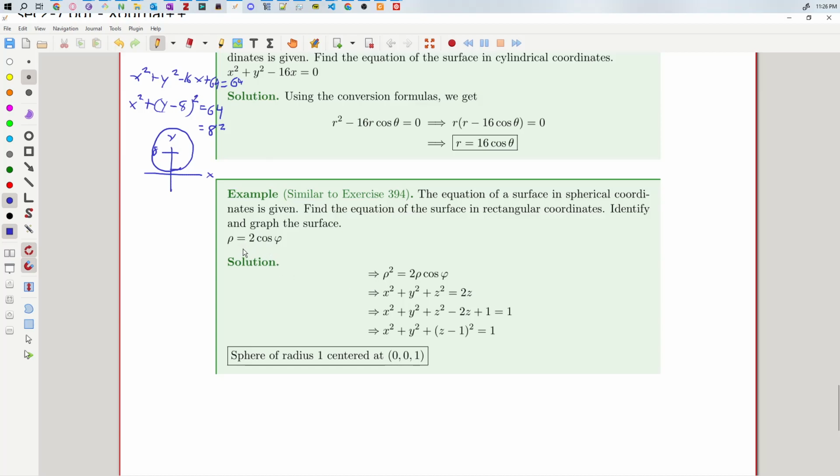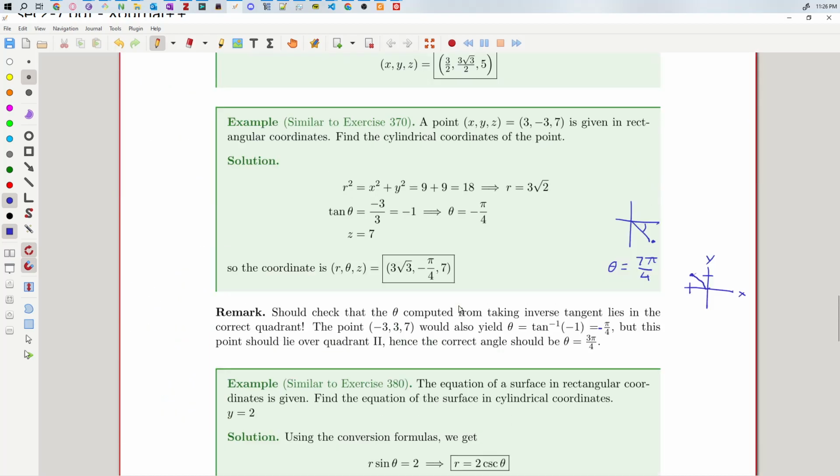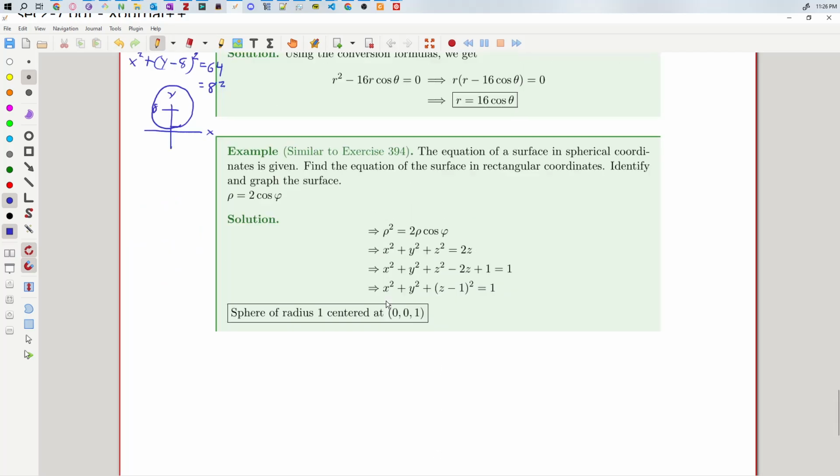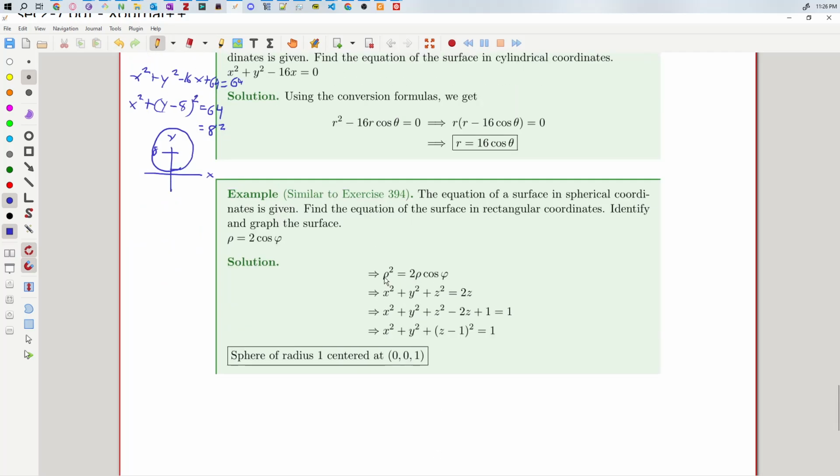By multiplying both sides by rho, you end up having both sides be things that are easily convertible to the Cartesian coordinate system, right? You end up using this formula and this formula. So that's what happens in these sets of lines.